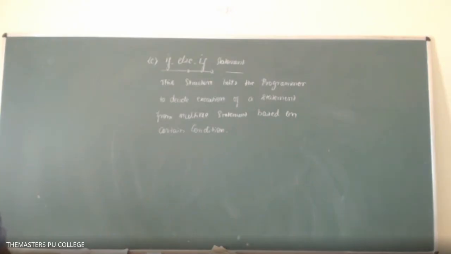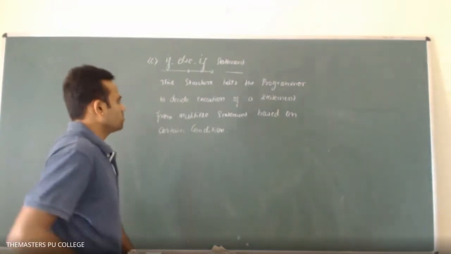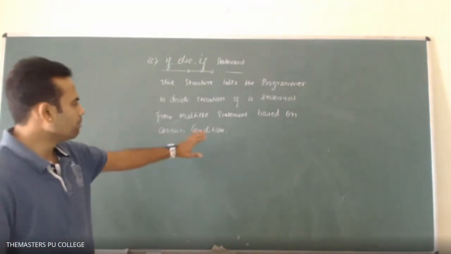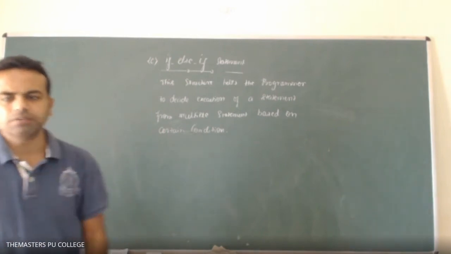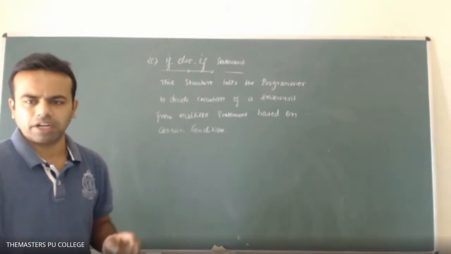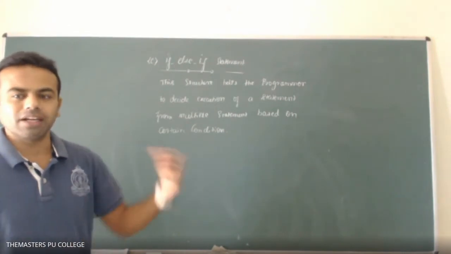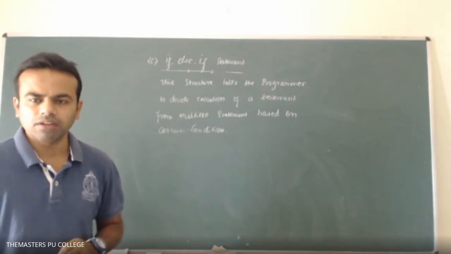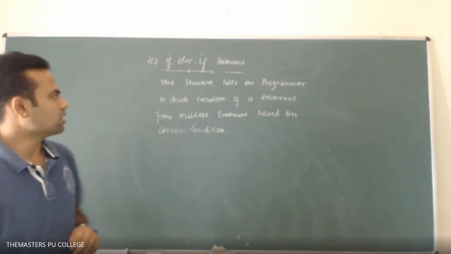This structure helps the programmer to decide the execution of the statement from multiple statements based on certain conditions. Here we have multiple if conditions, and when the condition is true, the statement will be executed. Is that clear?